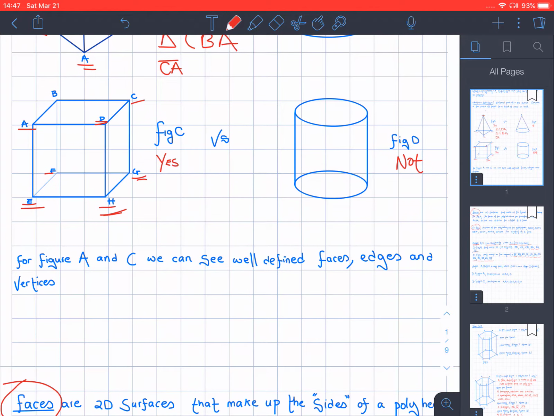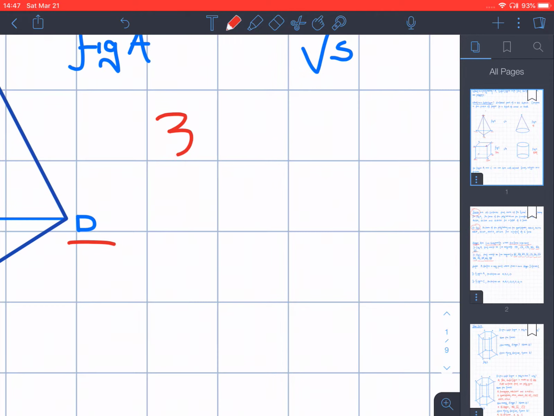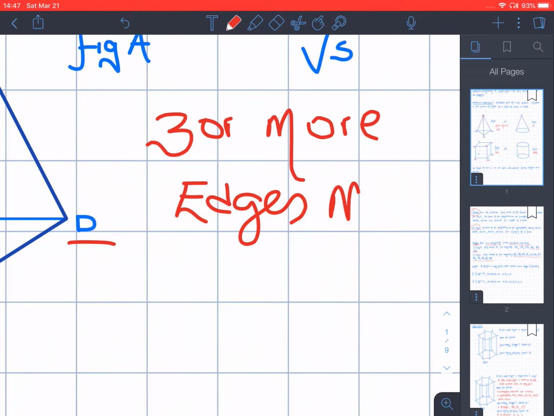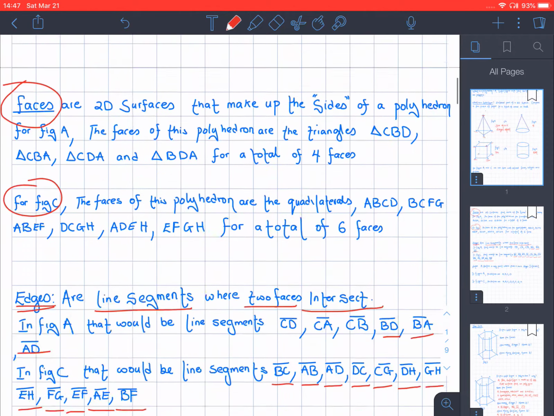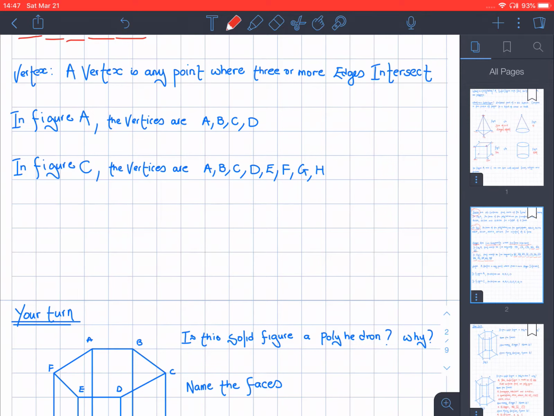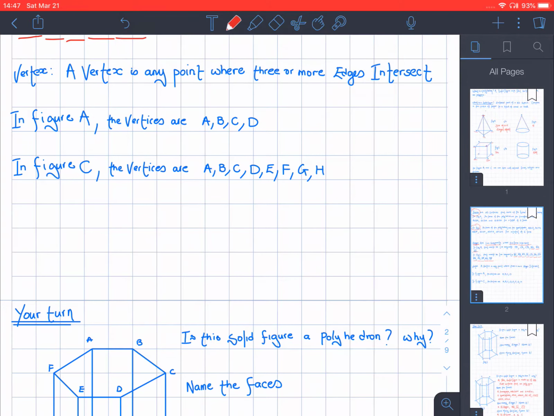So we use that logic: where three or more edges meet, that's what we call a vertex. And I wrote the definition there. And so the next thing we can pick out will be for figure A, the vertices being A, B, C, D, and in figure C, the vertices are A, B, C, D, E, F, G, and H.